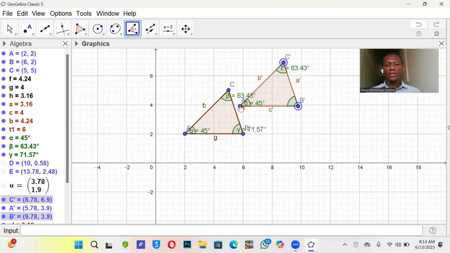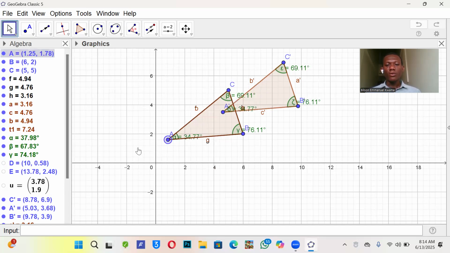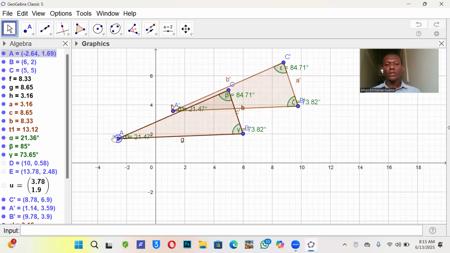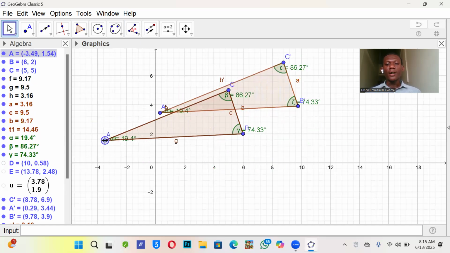What makes this a perfect clone is that when I move my original, the clone also moves. As the interior angles of the original change, the interior angles of the clone also change. So that is the first way we can clone a triangle.